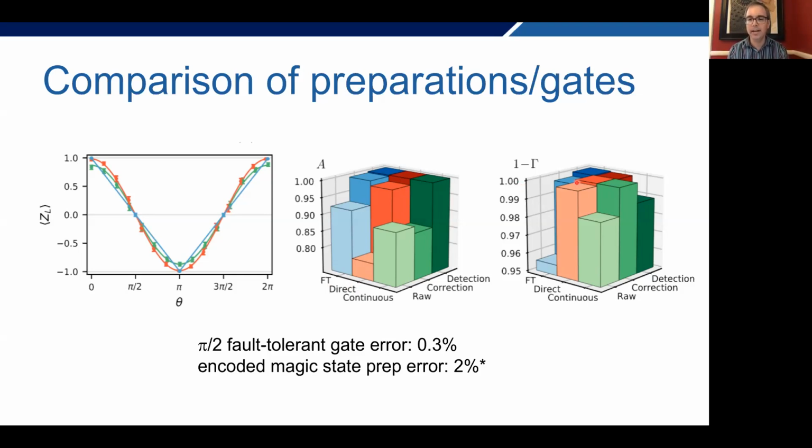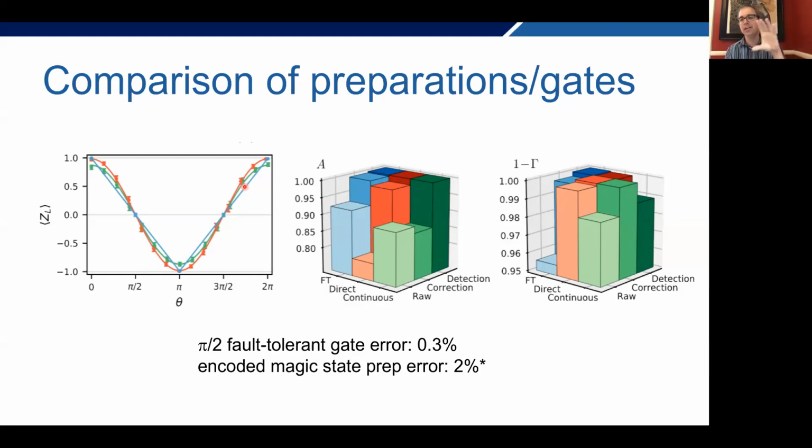And the error per operation, up to our statistics, is 0. The reason is that preparation is controlled by just one single rotation, which is quite good in the system. So there's that one single qubit rotation, which is really good.